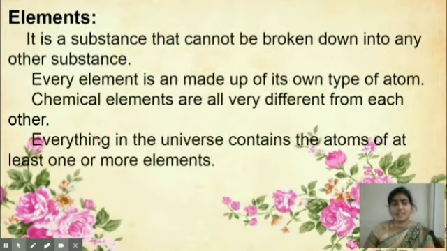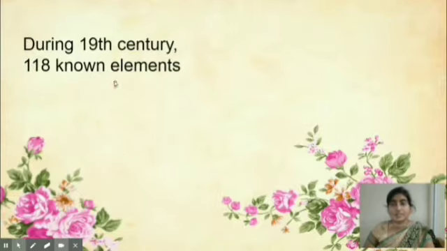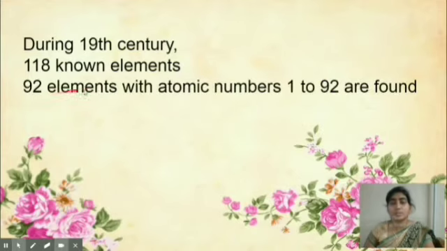Everything in the universe contains the atoms of at least one or more elements. During the 19th century, scientists isolated several elements and the list of known elements increased. Currently, we have 118 known elements. Out of 118 elements, 92 elements with atomic numbers 1 to 92 are found in nature.